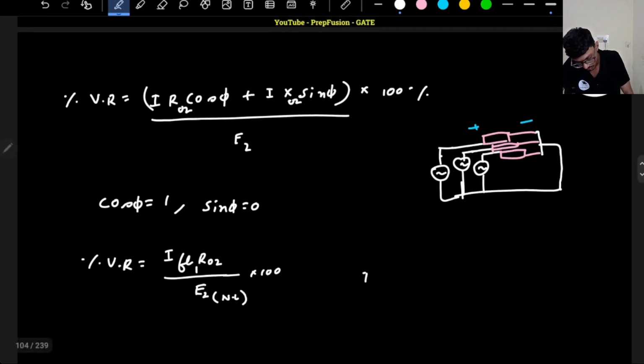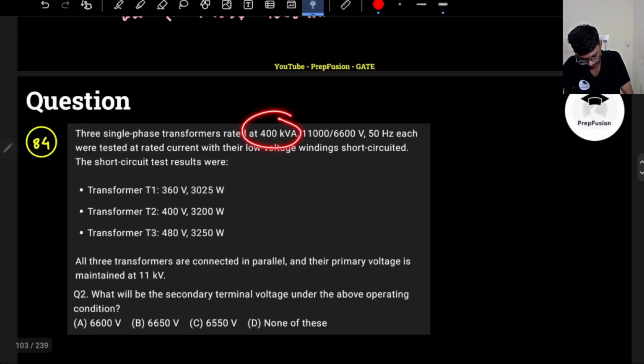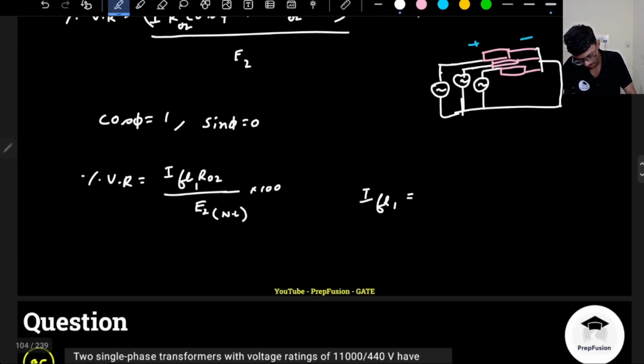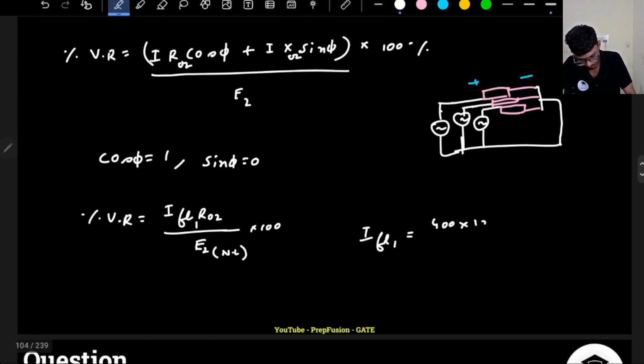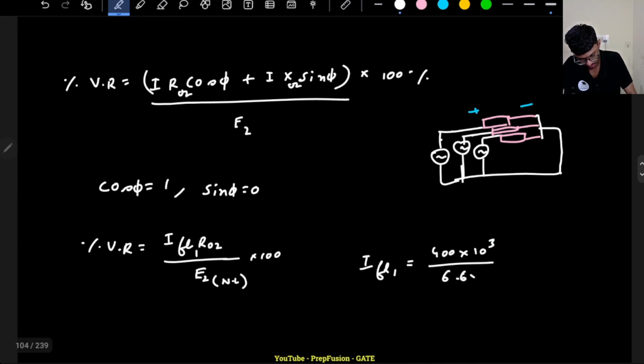So how do I find out I_FL1? I know the kVA rating of the transformer and the secondary voltage, so I can easily find it. The kVA rating is 400 kVA, divided by the secondary voltage, that is 6.6 kV. So I_FL1 will be 400 divided by 6.6, which is 60.61 amperes.